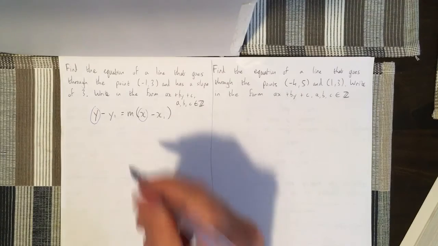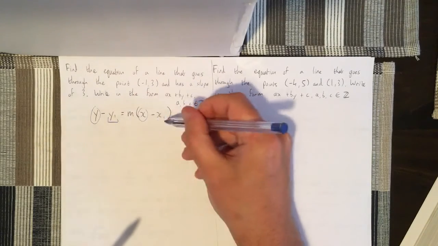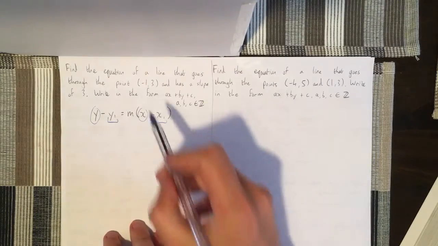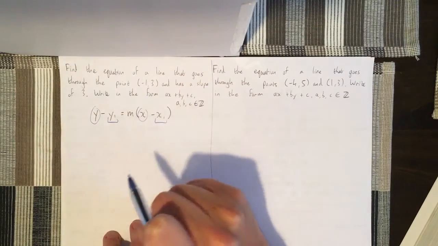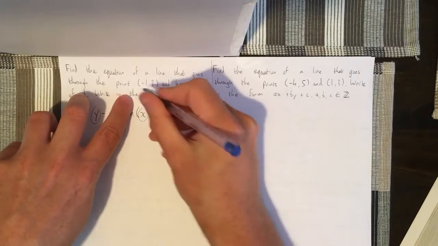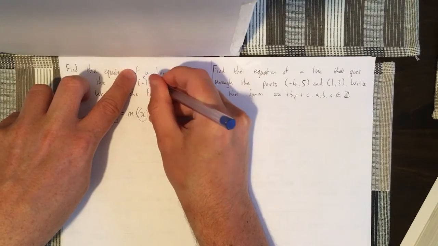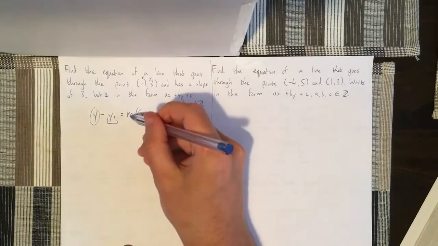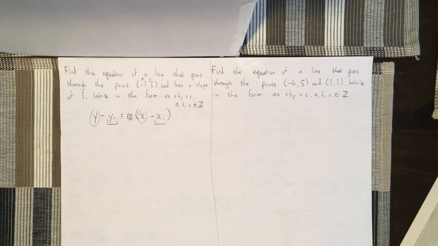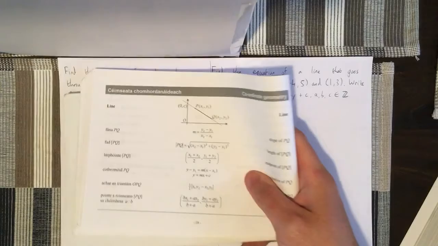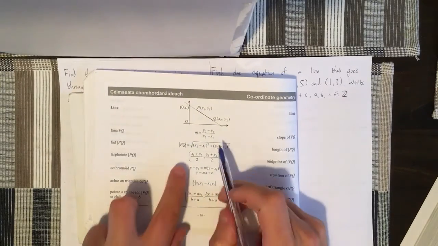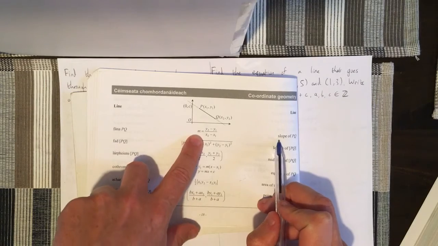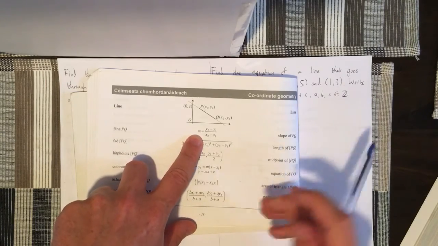What you do sub numbers in for though is the x1, y1. Okay, so I'm given a point on this line, minus 1, 3, so I'm going to call that x1, y1. What else is in this formula? M. Okay, so we might remember from seeing the slope formula in the log table, m means slope in coordinate geometry of the line.